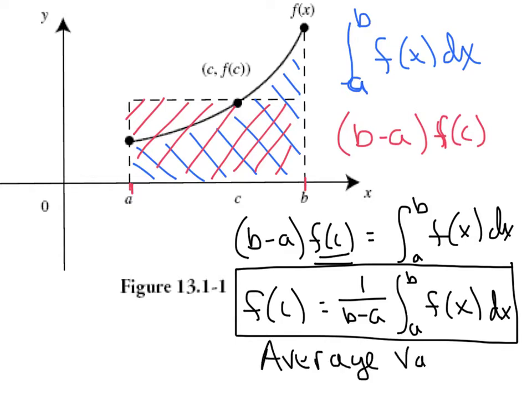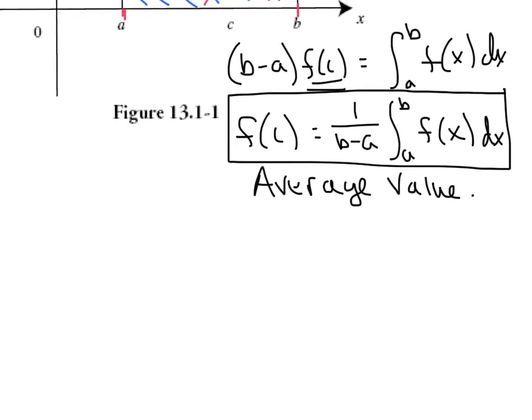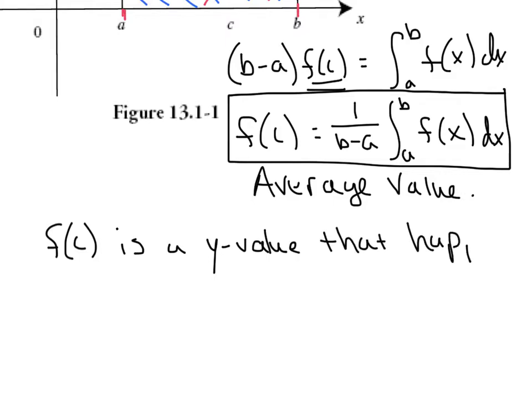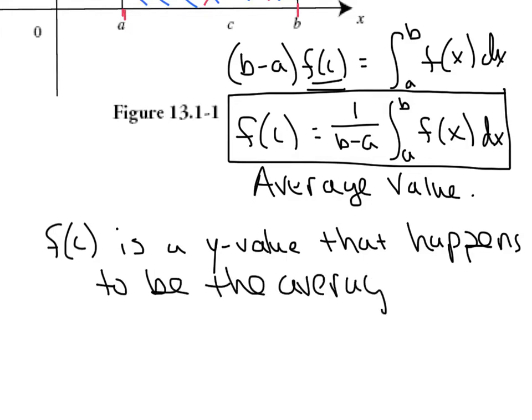All right, and we're going to explain a little bit here. The key that I want you to walk away with tonight is that f of c is a y value that happens to be the average of all the y values within the closed interval.